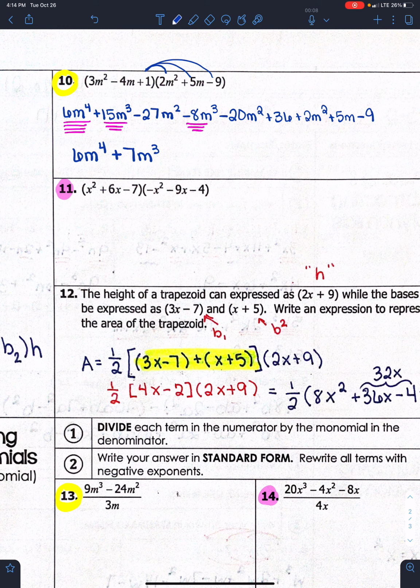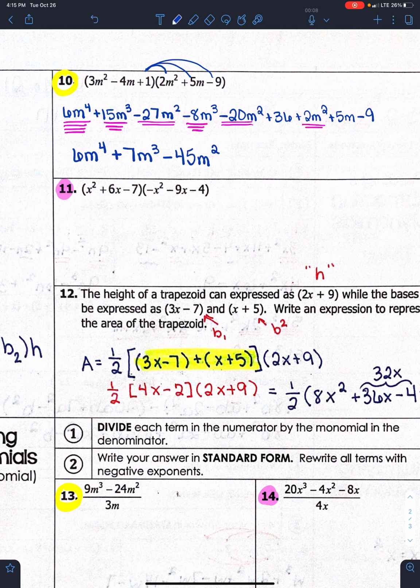Now, we're adding and subtracting so that variable term stays the same. Then I've got to look for the m squareds: negative 27m squared, negative 20m squared, and positive 2m squared. Negative 27 and negative 20 gives me negative 47. Plus 2 would give me negative 45m squared.